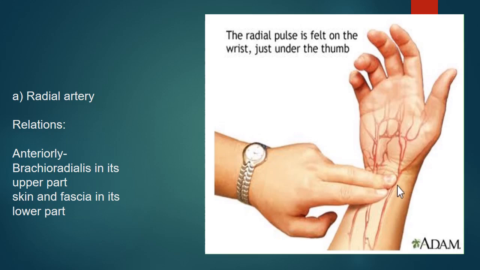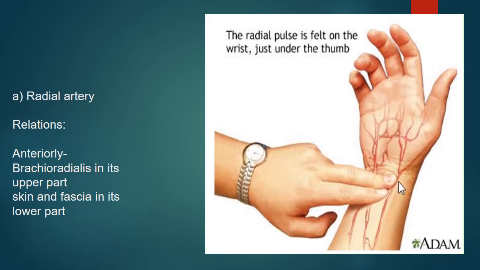Here the artery is covered by only fascia and skin. It is superficial at this side. The artery can be compressed against the distal end of the radius, where it lies between the tendons of flexor carpi radialis and abductor pollicis longus muscles.